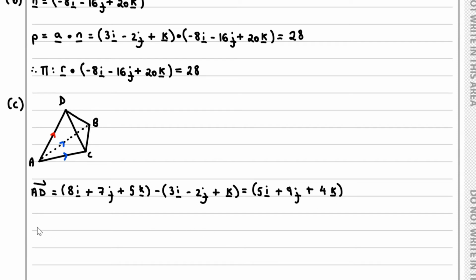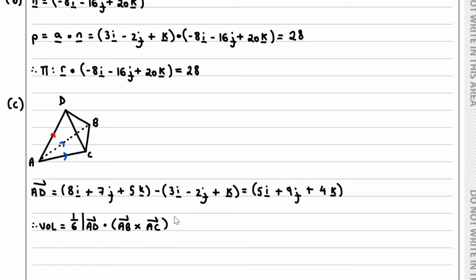And therefore, the volume is equal to 1/6 multiplied by the modulus of AD dot product with AB cross AC. We have the triple scalar product here.